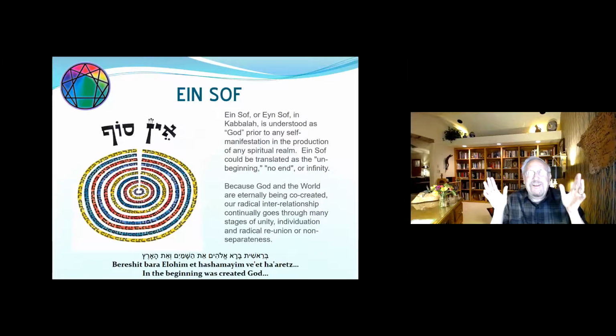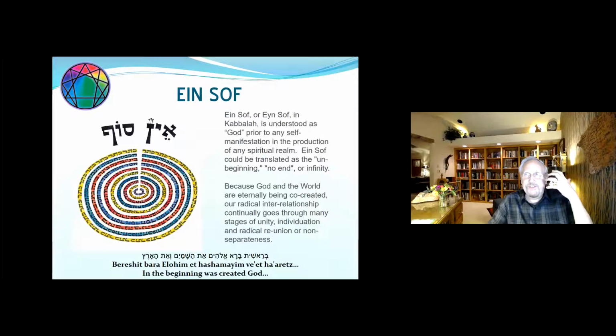So a couple of minutes about Kabbalah. I don't want to cheapen it, but the essence of it, if you can imagine this beautiful labyrinth of different pathways, our 9 different pathways, if you will, to the Ein Sof. That's the term. It's understood as God, the divine, prior to any self-manifestation.